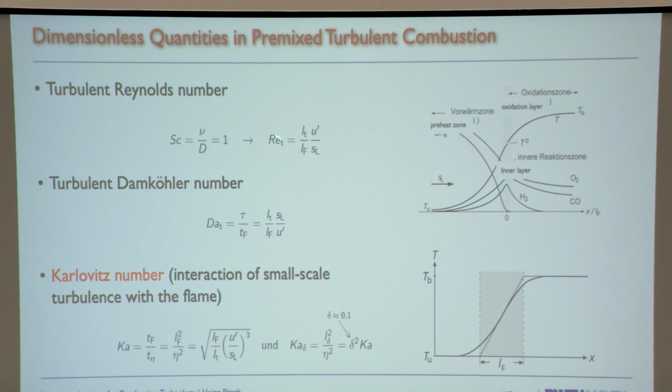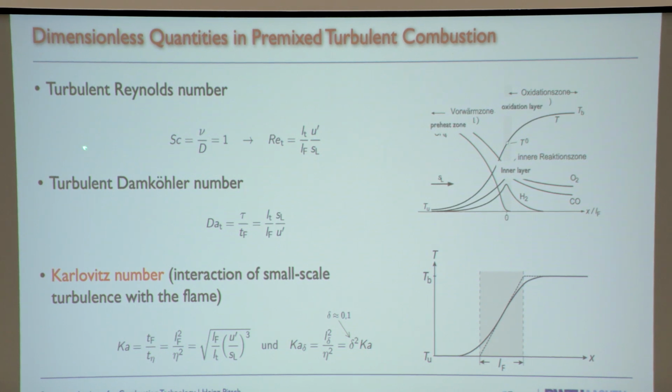So I can write the Reynolds number as LT divided by LF times U prime divided by SL. That's an interesting way to look at it. We have expressed the Reynolds number as the ratio of the velocity and the length scale of turbulence and the flame.